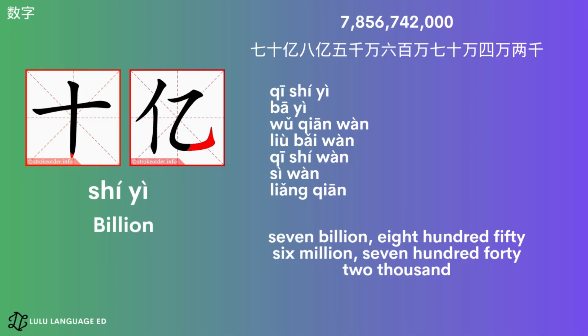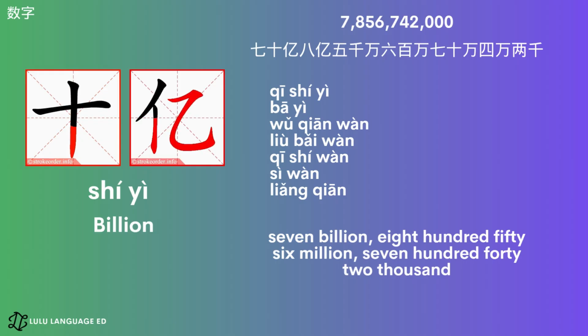Together: 70亿 8亿 5,000,000 600,000 70,000 4,000 2,000.